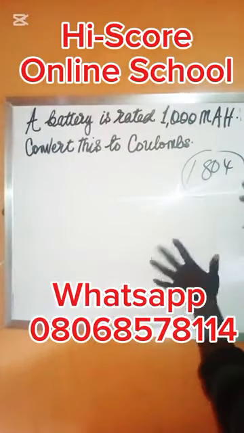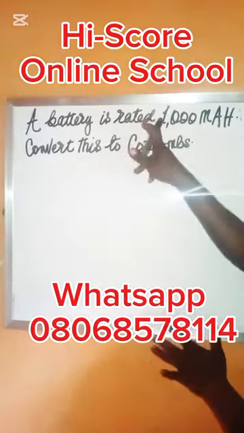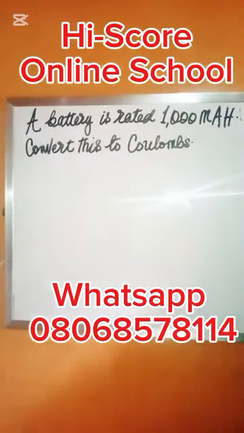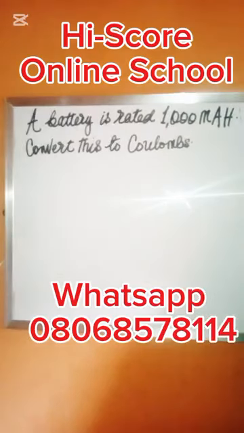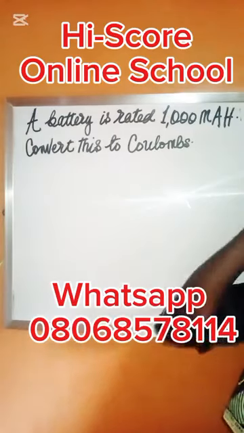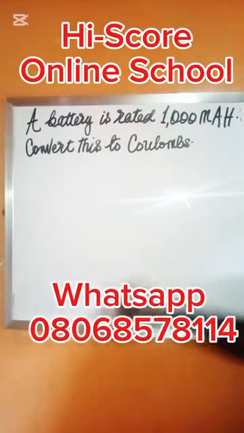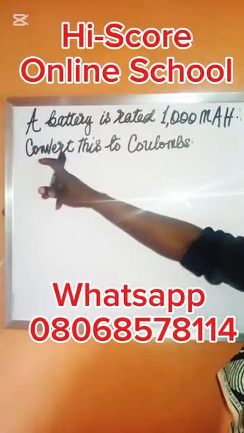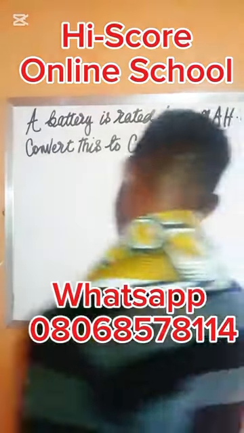But despite the fact that we have these commercial units, for example, if we have our phones or solar batteries, the rating of the batteries is always in Ah, mAh, and so forth. There's always a need to convert this mAh to coulombs. And today I want to use an example of 1000 mAh to be converted to coulombs. All right, let's go on.